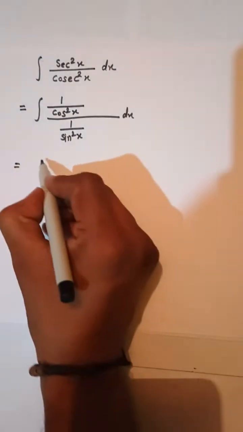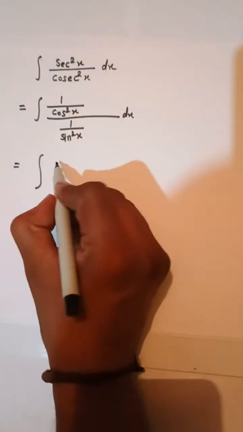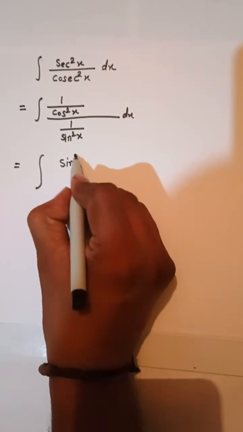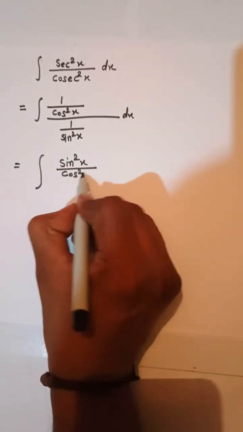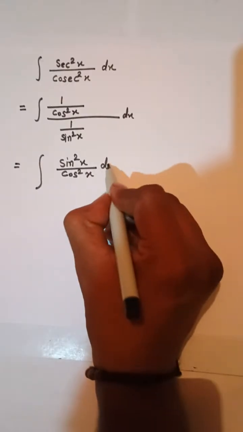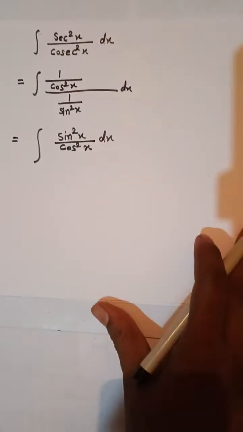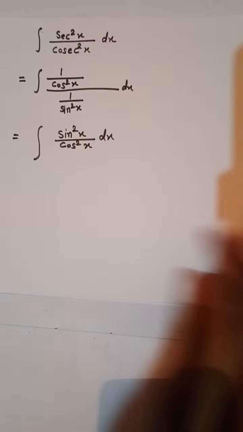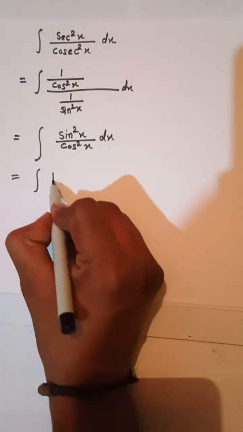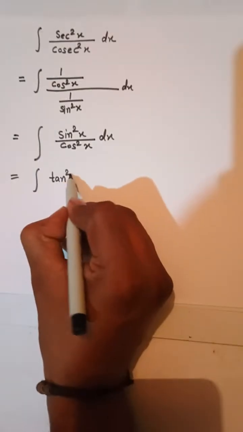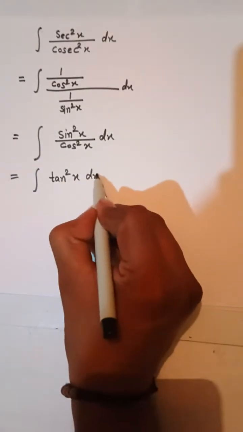So here we have integration of sin square x by cos square x into dx. Okay, so it will be just integration of tan square x into dx.